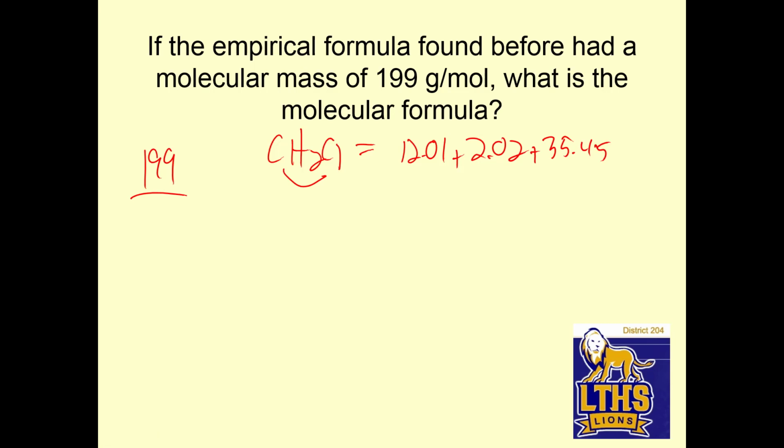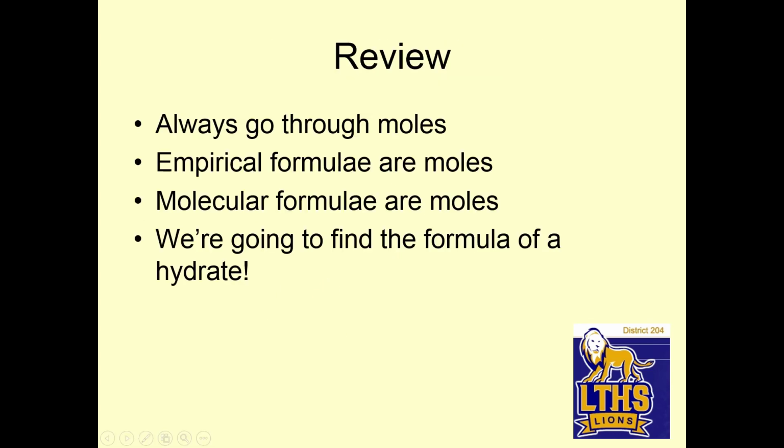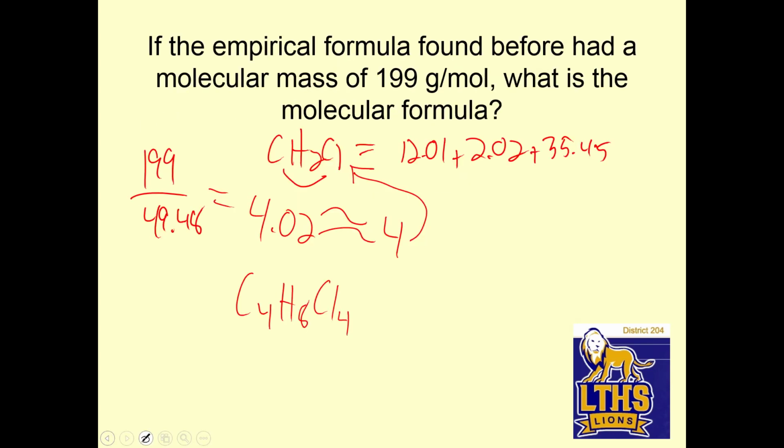So 12.01 plus 2.02 plus 35.45 is 49.48. And what I get there is 4.02, which is roughly equal to 4. So I'm going to multiply that by 4: C4H8Cl4.